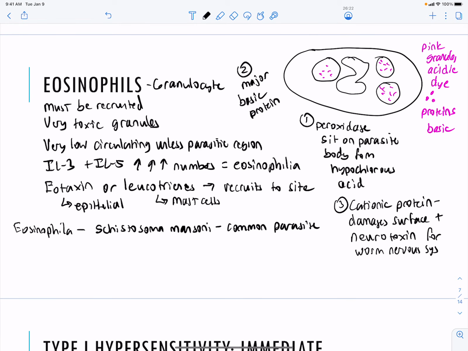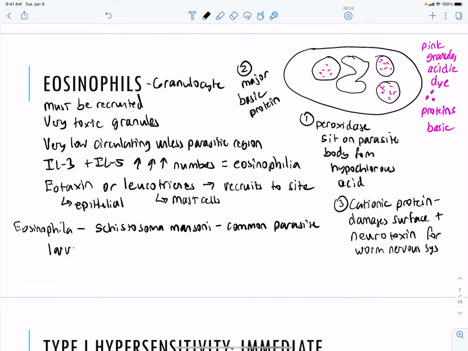The larvae are free swimming and burrow into a swimmer. It's found in water where you have the hyacinth plant, and its snail host, which feeds on the hyacinth plant.